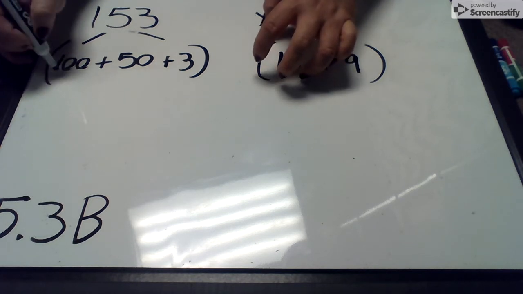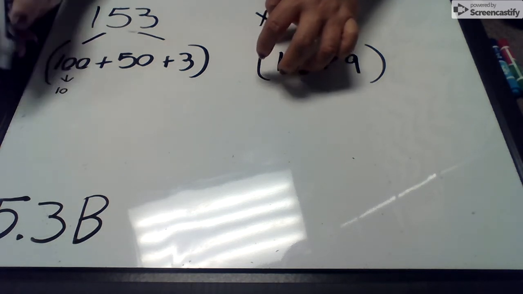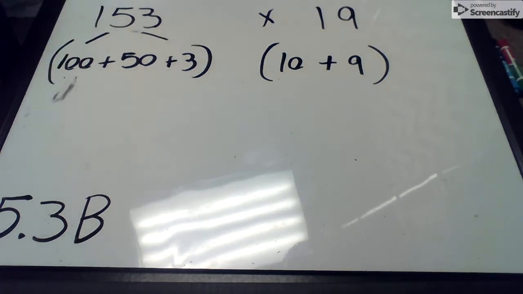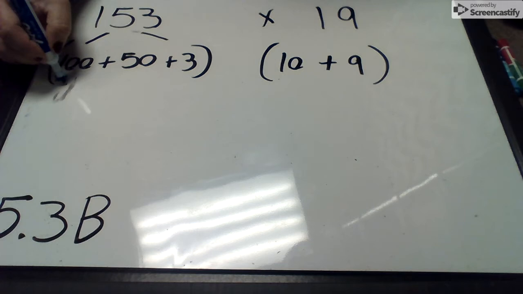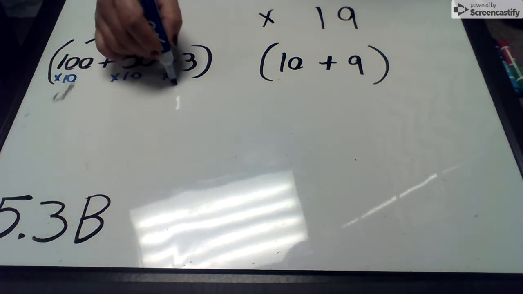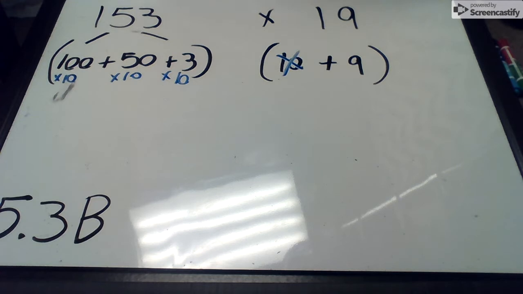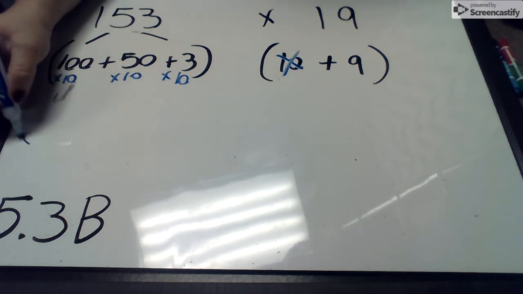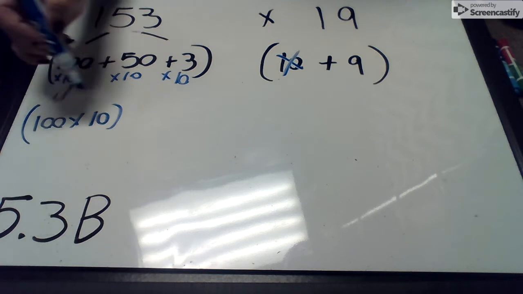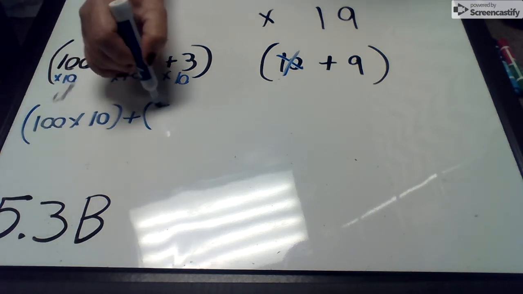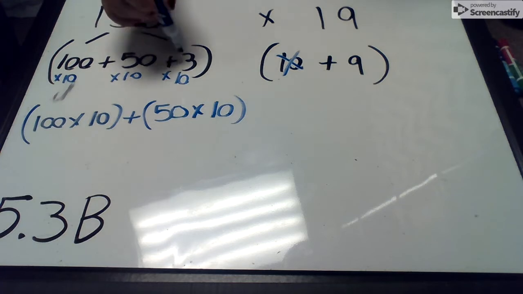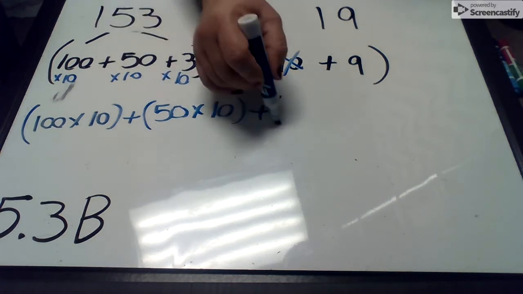So I could do 100 times 10, 50 times 10, and 3 times 10. So I would have handled that. So I'm going to rewrite that as 100 times 10 plus 50 times 10 plus 3 times 10.